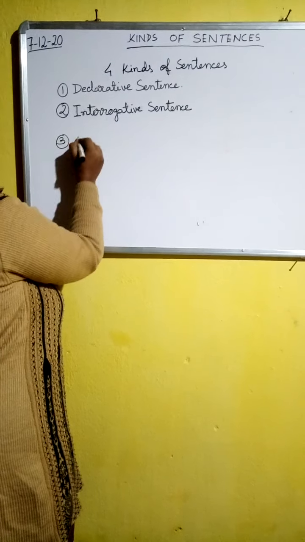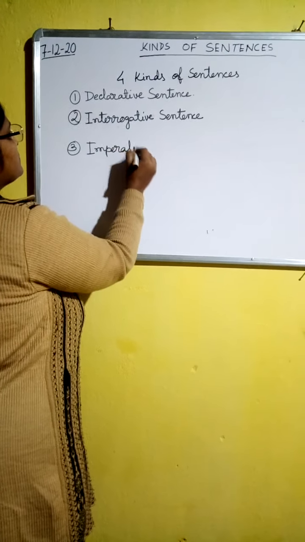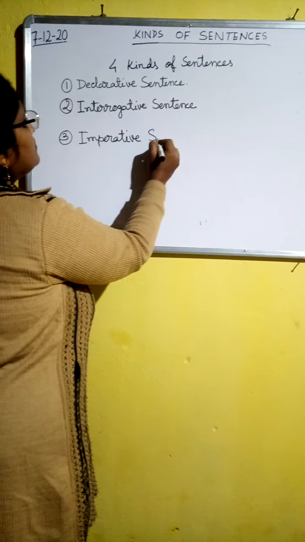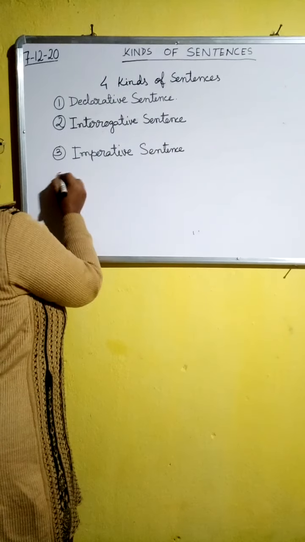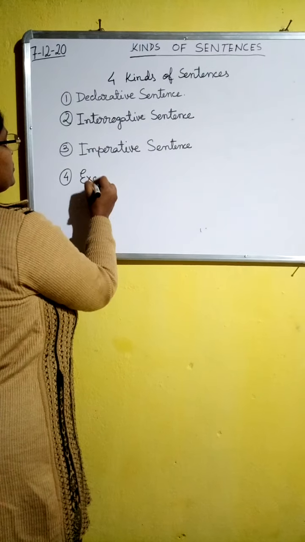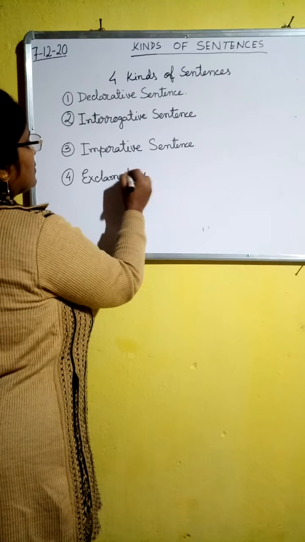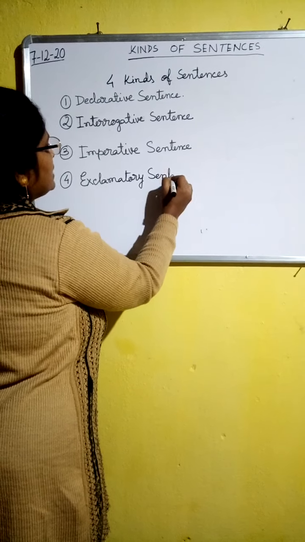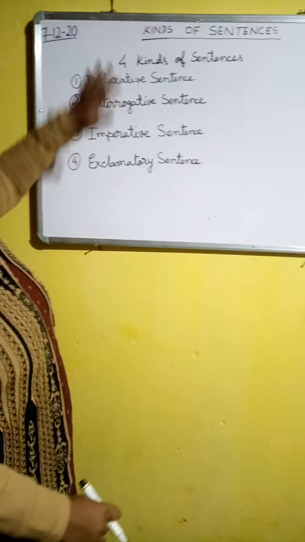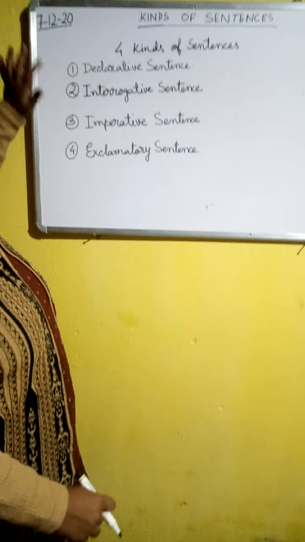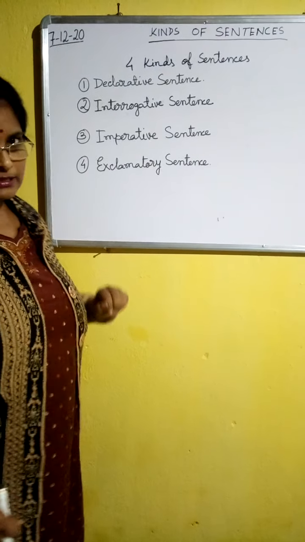Then number three is imperative sentence. And number four is exclamatory sentence. Now there are four kinds of sentences. First one is declarative, second is interrogative, third is imperative, and the fourth one is exclamatory sentence.